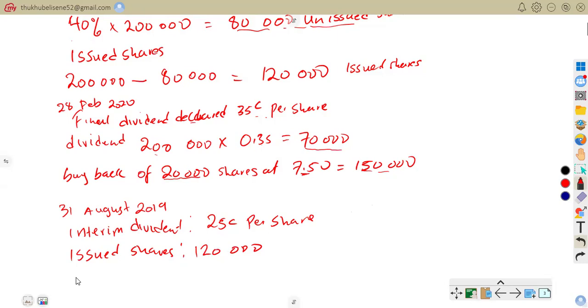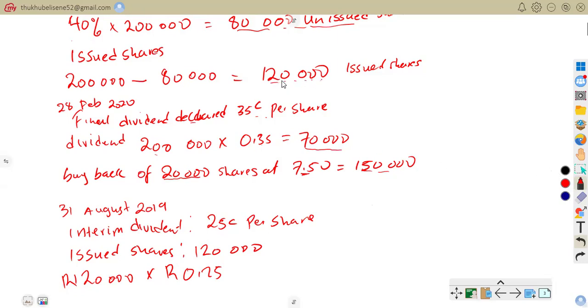So meaning to say we're going to have 120,000 multiplied by 0.25, which is 25 cents. So 120,000, these are our issued shares.